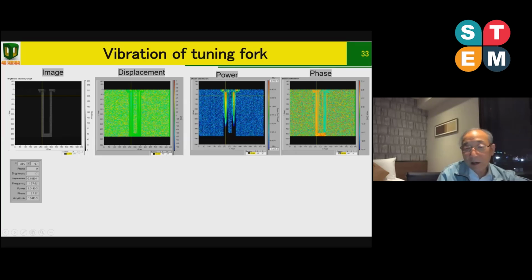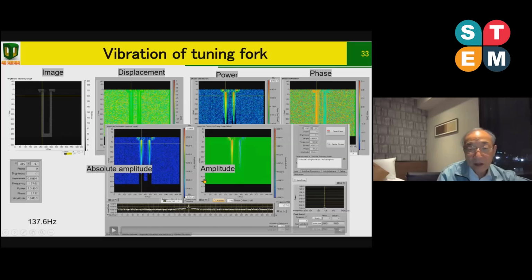So the movement of the left side and right side is opposite in phase. This one is a phase movement. By changing the phase, it moves like this. The phase is different on the right side and left side, because the vibration is opposite movement.